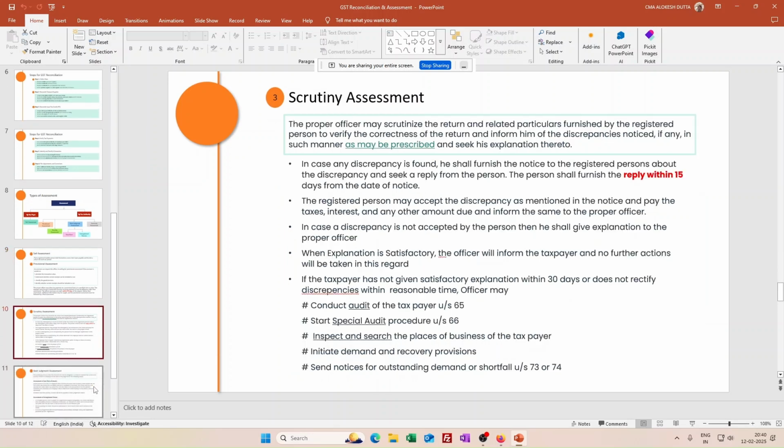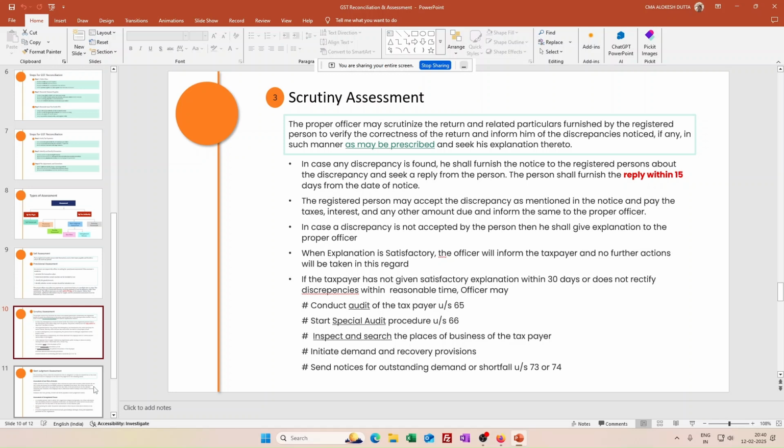Next, scrutiny assessment. Scrutiny assessment means the proper officer may scrutinize the return and related particulars furnished by the registered person to verify the correctness of the return and inform him of any discrepancies.